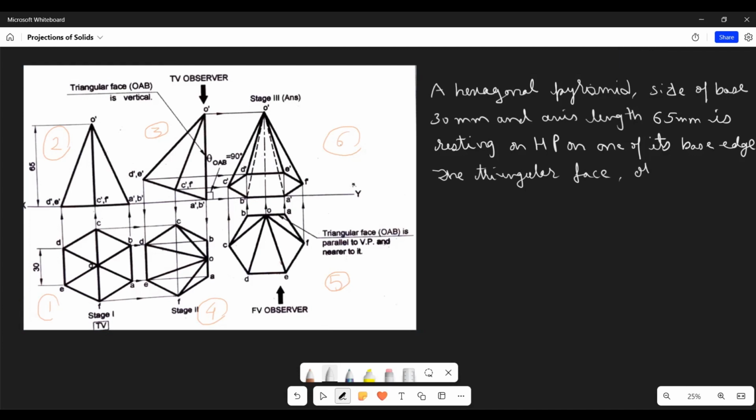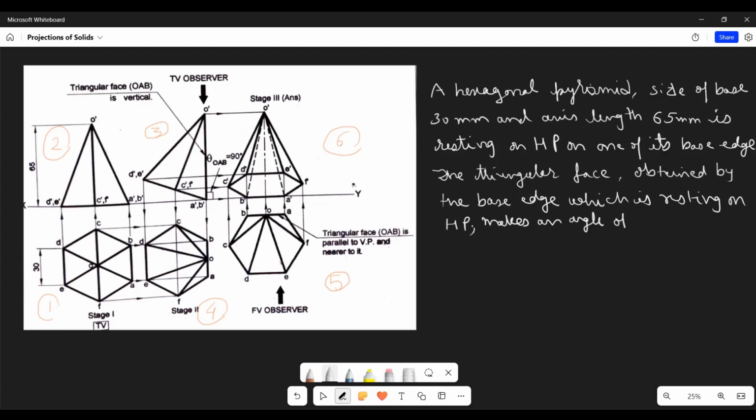The triangular face obtained by the base edge which is resting on HP, means I'm talking about the base edge AB, and the triangular face formed by this makes an angle of 90 degree with the HP.